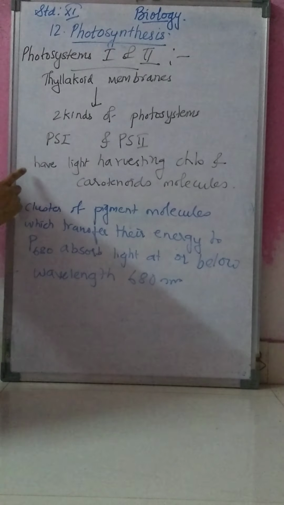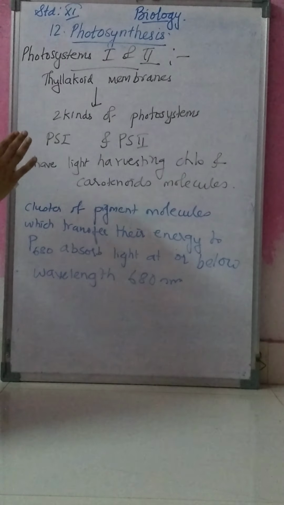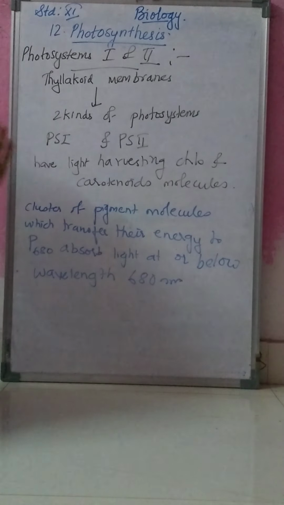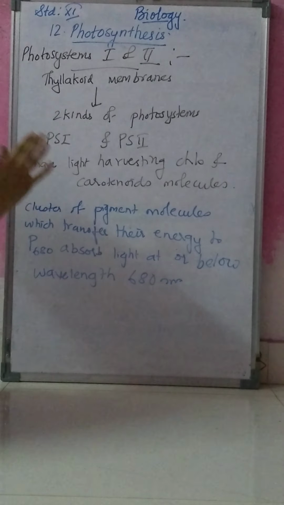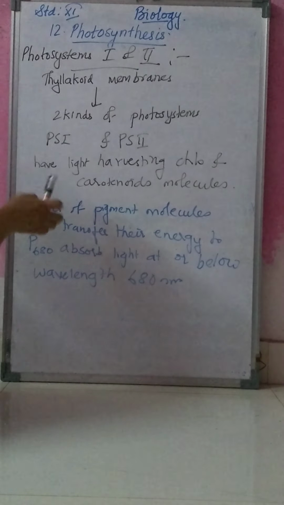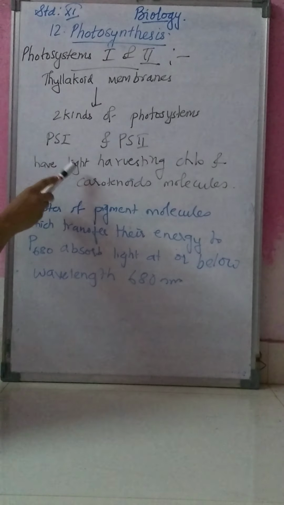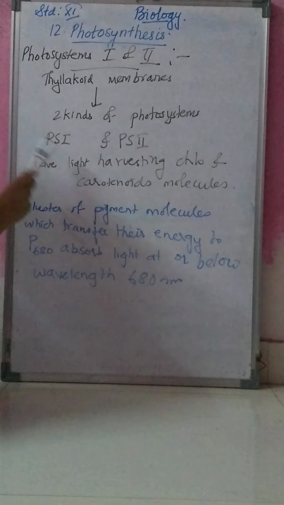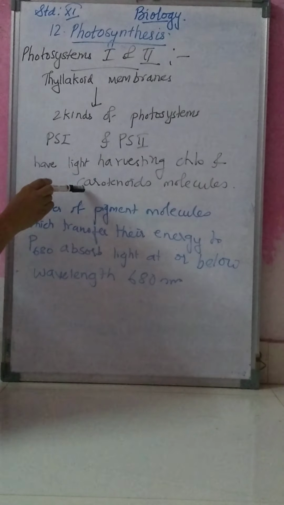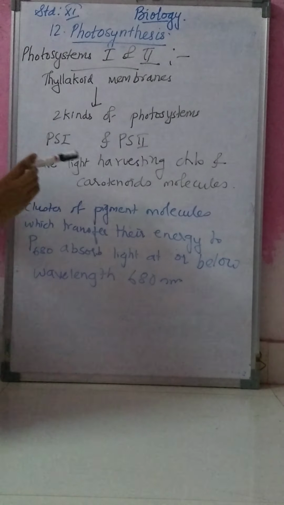Now both these photosystems, photosystem 1 and photosystem 2, have their own set of light harvesting chlorophylls and carotenoid molecules.